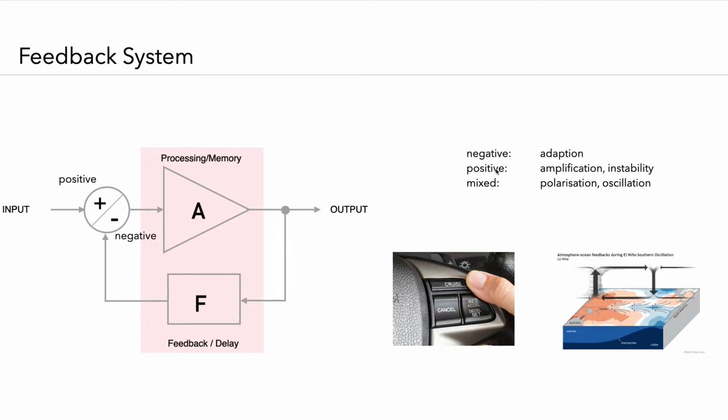But if you mix both of them, you can realize certain states, certain set points, very easily. You can have polarization effects, oscillation effects, all kinds of different scenarios if you mix positive and negative feedback. And there are a lot of examples where these positive and negative feedback loops are realized.